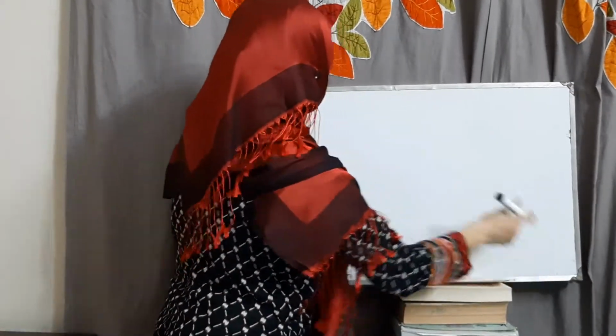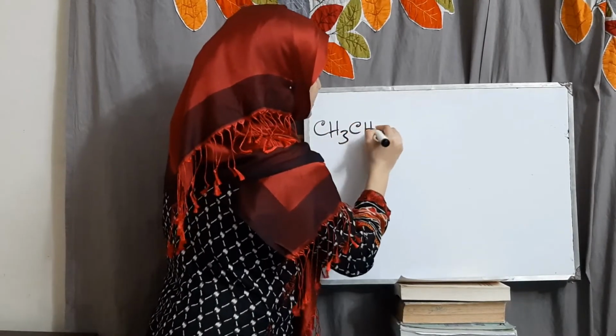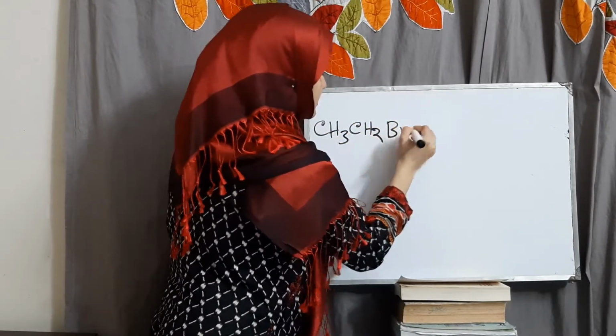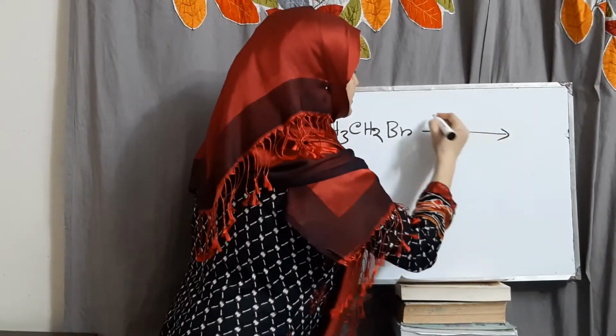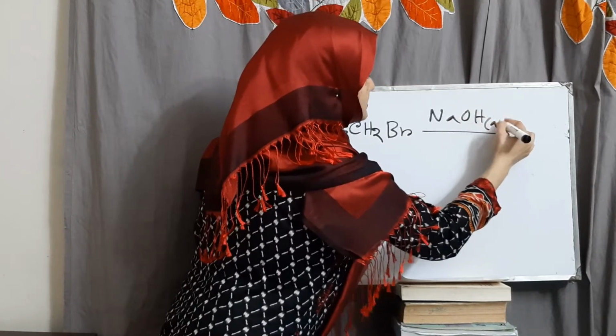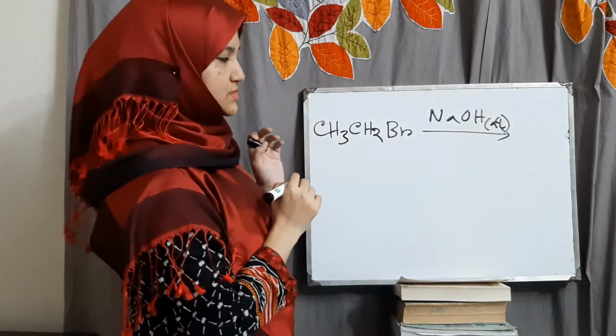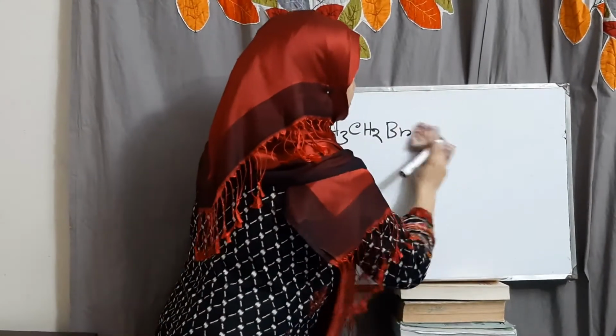We have already learned about that. CH3CH2Br, ethyl bromide, reacts with aqueous sodium hydroxide.